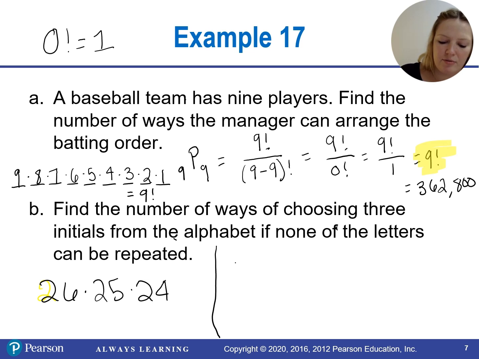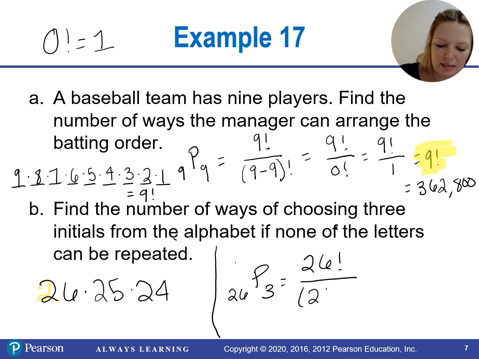Or we could use that formula, and we're going to have 26 permute 3. So now we'll have 26 factorial divided by (26 minus 3) factorial, which is 26 factorial over 23 factorial.